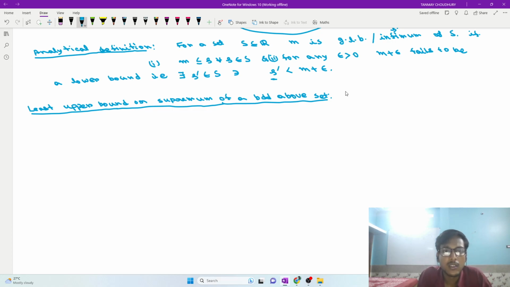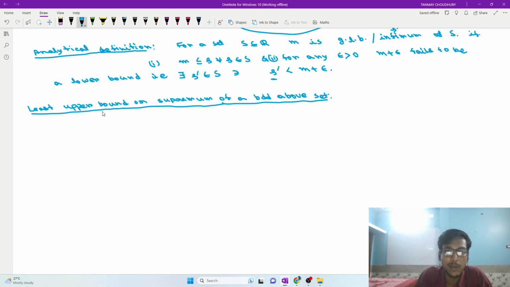So what is supremum of a bounded above set? So we are directly going into the analytical definition. Basically, as the name suggests, least upper bound.